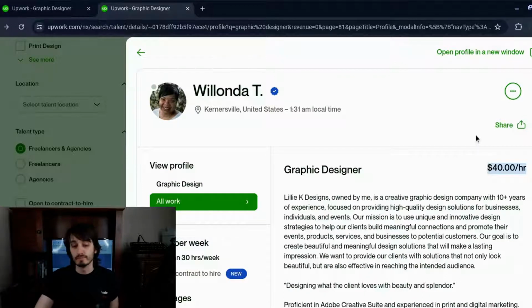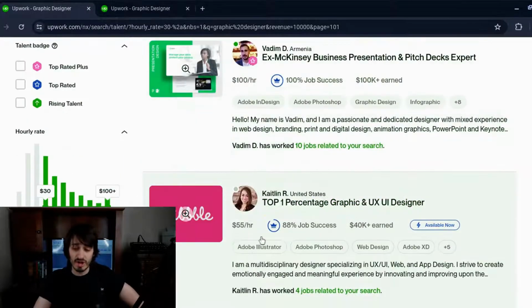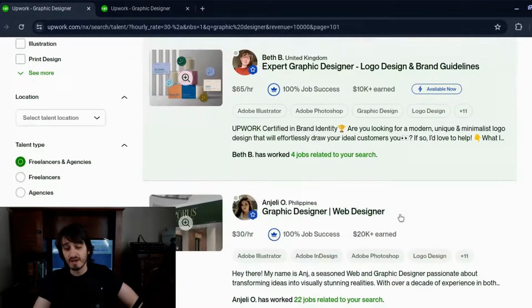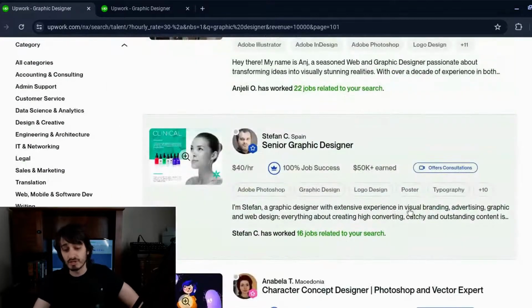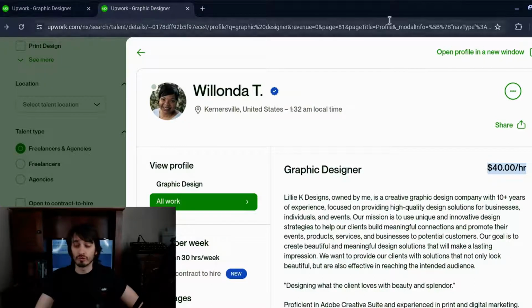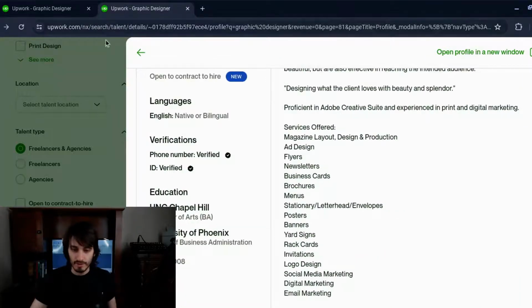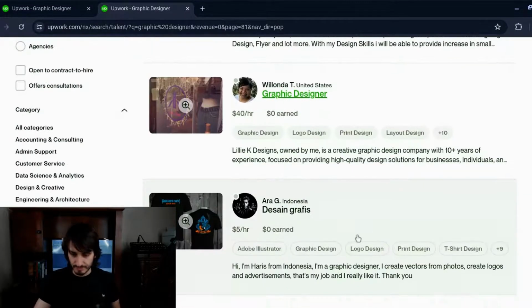But understand, there are hundreds of pages of these freelancers who charge over $40 an hour and have made over $10,000 on the platform, with crazy high hourly rates and a lot of jobs. Like this guy, $100 an hour, $55 an hour, $65. There are plenty of great opportunities on Upwork. But what I'm saying is, at the beginning, it's hard to get your first job with this type of hourly rate. All right, so let's look at a couple other profiles.